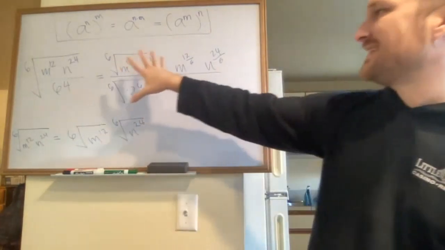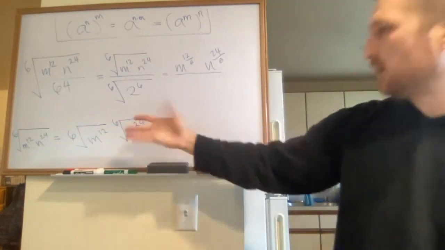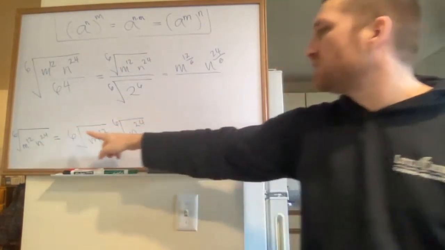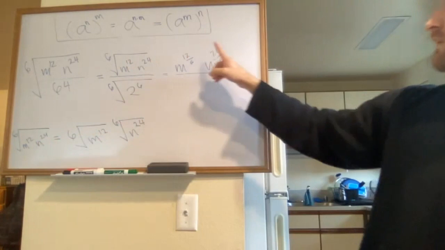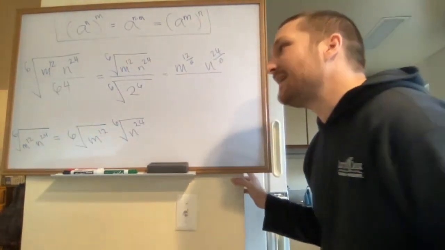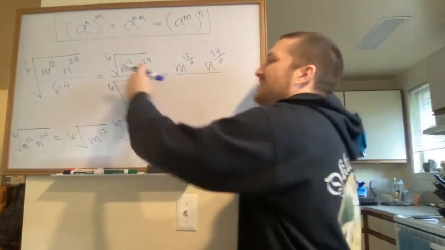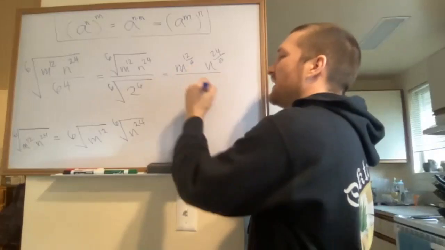So I skipped a couple steps and said, well, this is equal to this. And so then I could just reduce each one of those. Nice. Now you might be saying, well, the sixth root of 2 to the 6th is just 2. I could just write 2.